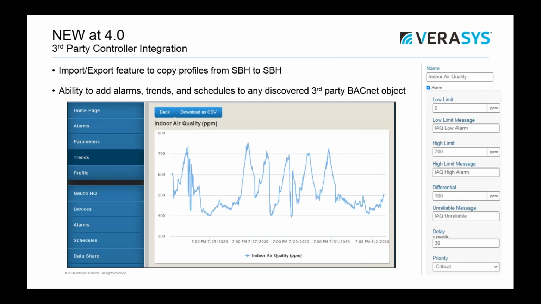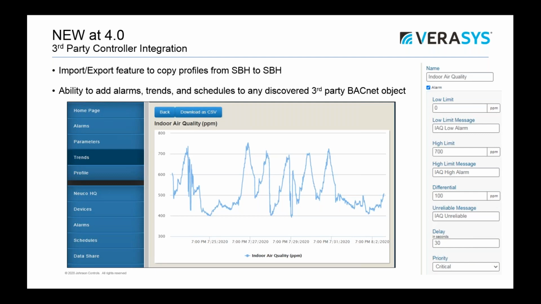Additionally, two things to add on to that feature. You can create that profile and then export it out. So if you have a specific competitive rooftop, for example, and you have it at a number of different sites, you can create the profile one time and then export it out.